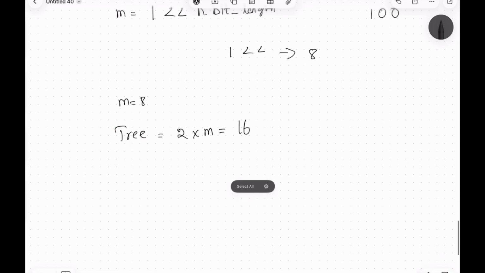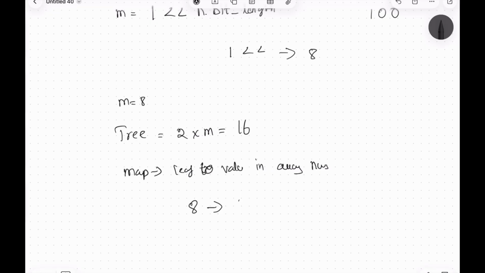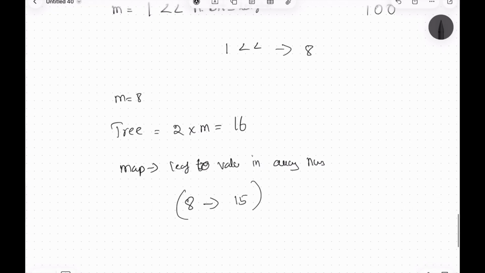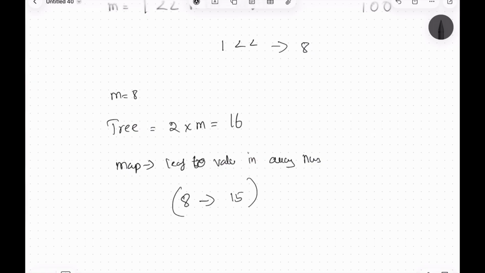So what we will do is we will map the leaves, from 8 onwards, to the indices, the values in the array nums from 0 to 15. Because of that, this will be 8 to 15. In this range you will map all the values, so you will have every index in the tree node.